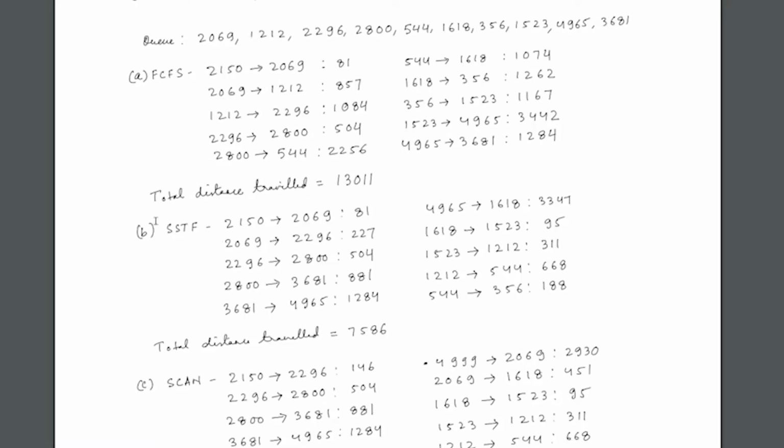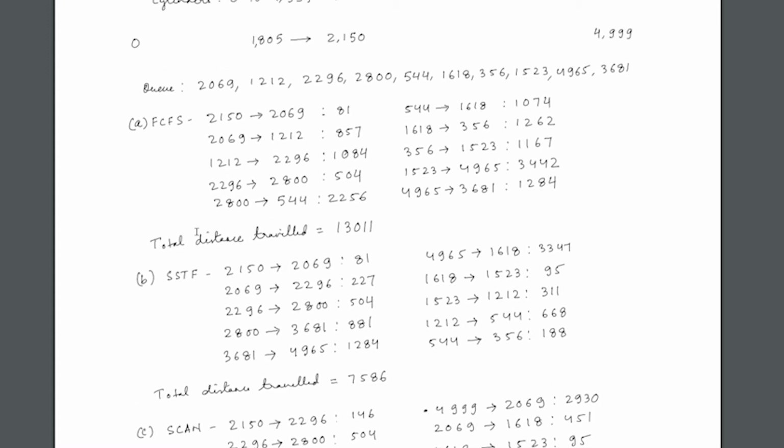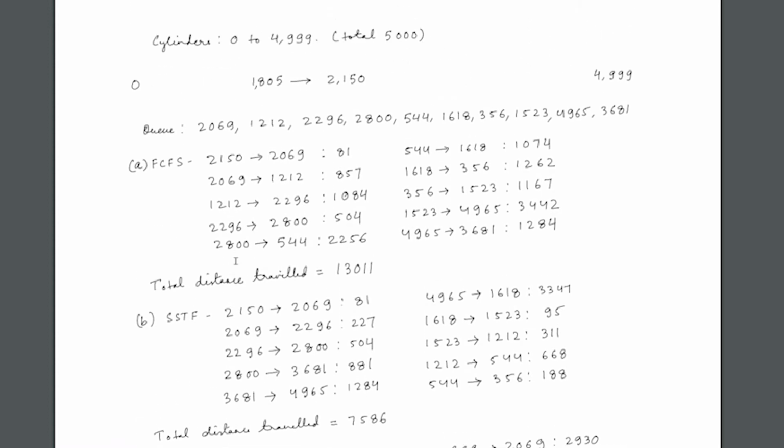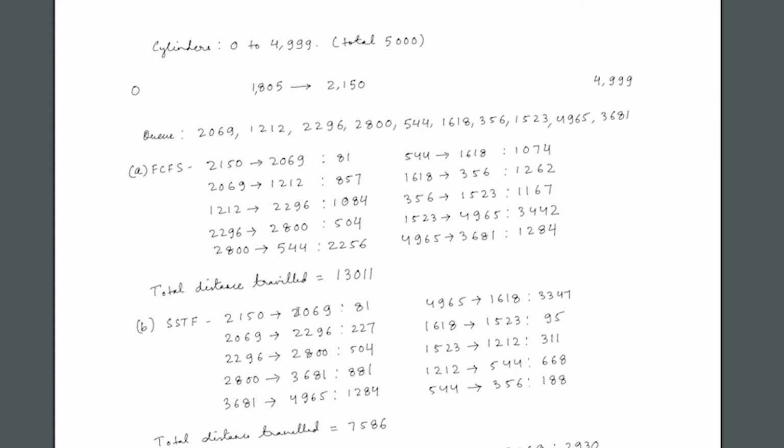Let's move on to the next algorithm, which is the shortest seek time first algorithm. The heads are at 2150, and they will move on to the cylinder which is the closest to 2150. Here you can see that the closest to 2150 is actually 2069, and the distance is 81.